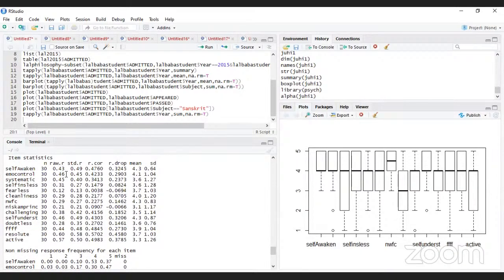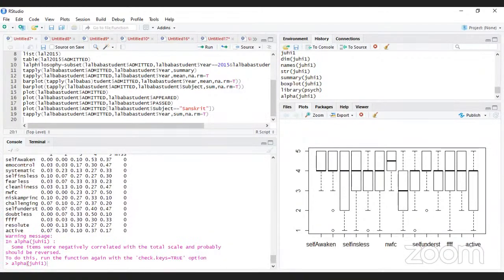So this is the data. If I put all the data here, I can make one vector, Juhi dot alpha equal to alpha.